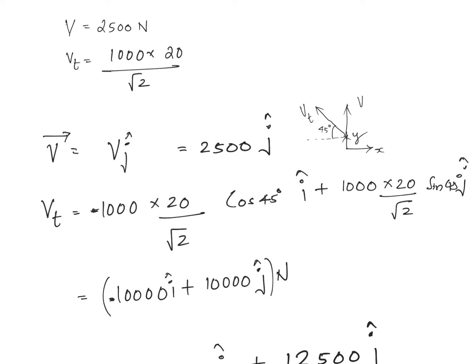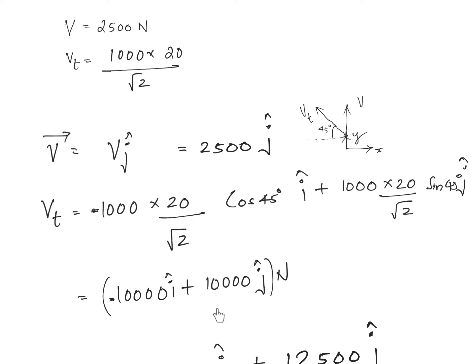But writing Vt as a vector is slightly different, because Vt is not along the unit vectors. Vt is slightly inclined, but we know the angle is 45 degrees, so we can use vector decomposition rules, which I'm not getting into. So Vt can be written like this: minus this quantity times cos 45 in the i direction, plus sin 45 in the j direction.